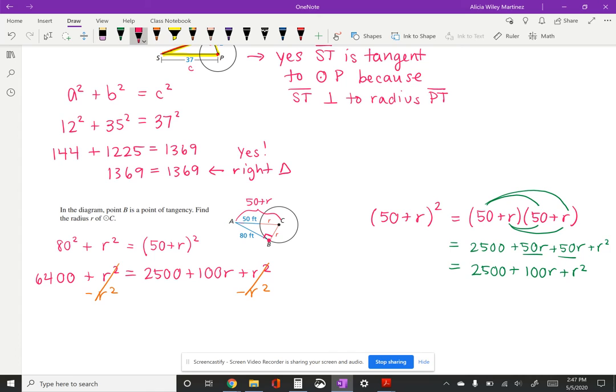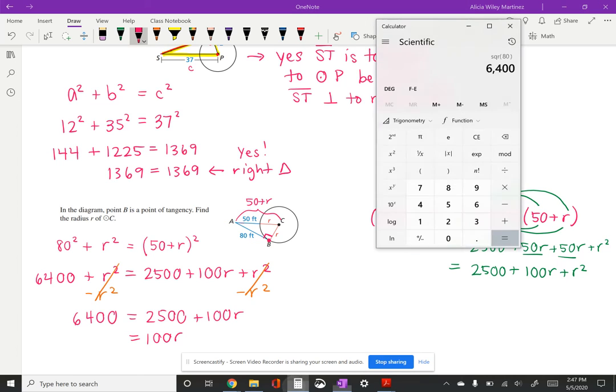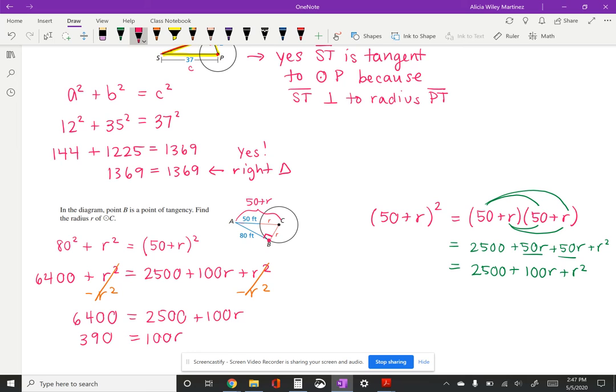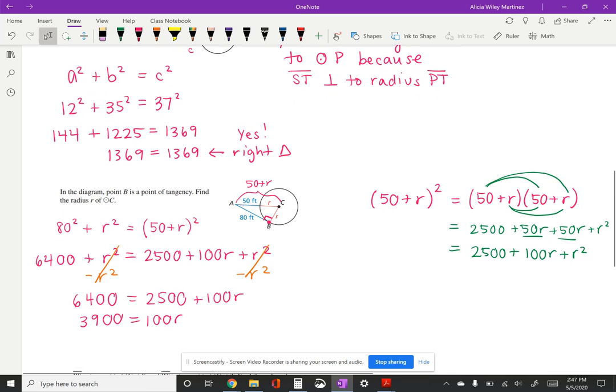That leaves us with one term that has an R. So I'm going to go ahead and subtract 2,500 on both sides. So if you do 6,400 minus 2,500, you're going to get 3,900. Dividing both sides by 100, I get a value of R to be 39.